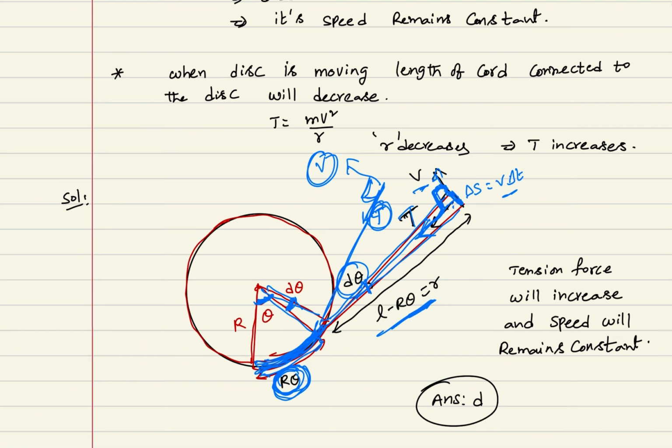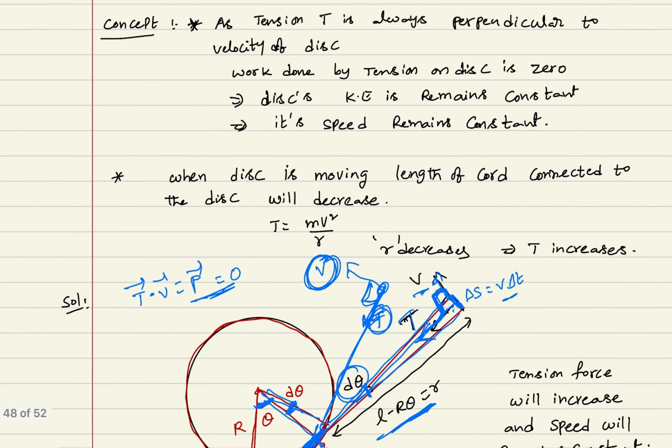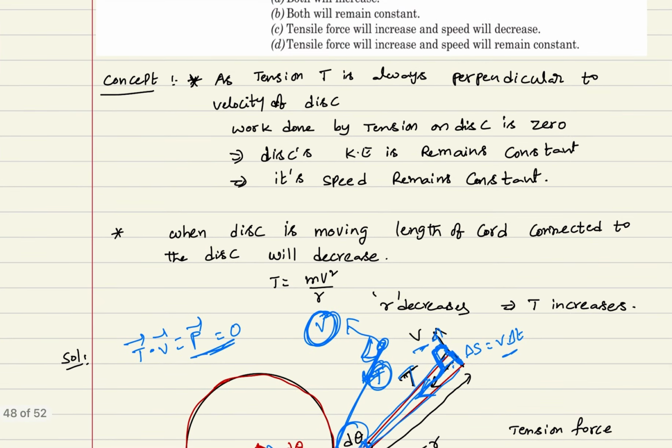Power delivered is T bar dot V bar. As T bar dot V bar is equal to 0, the power delivered is 0. If power delivered is 0, no work is done by the tension force, so the speed of the disk remains constant throughout its motion.